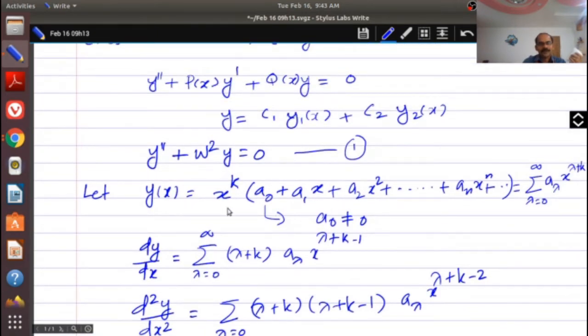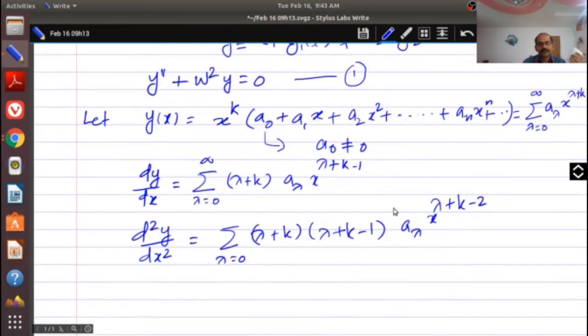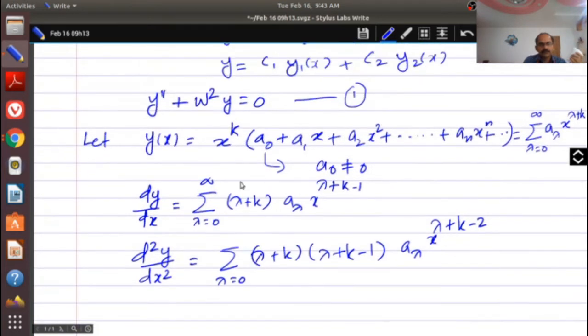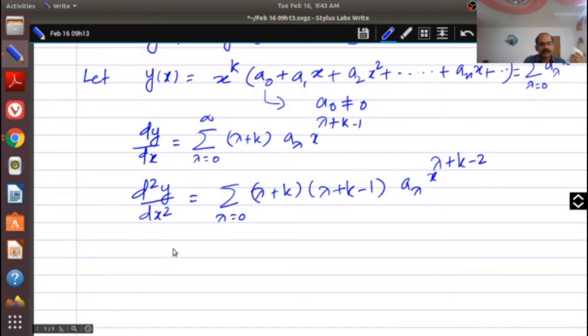Just substitute in equation 1, both y and y double dash. Okay, so we get, substituting in this equation y and y double dash. Okay, so you have to write it like that.